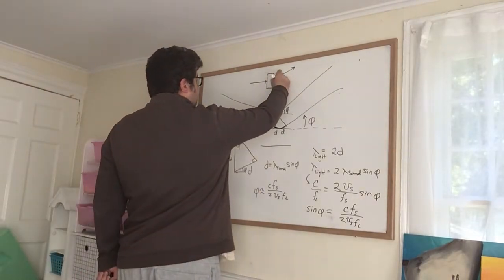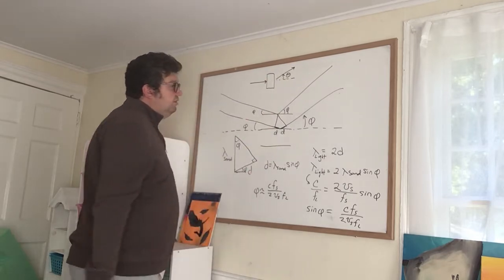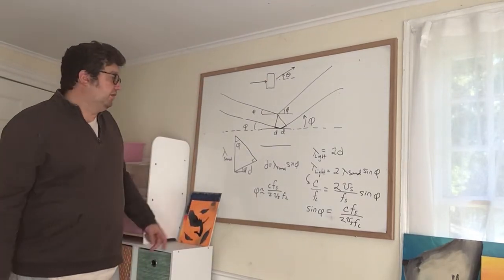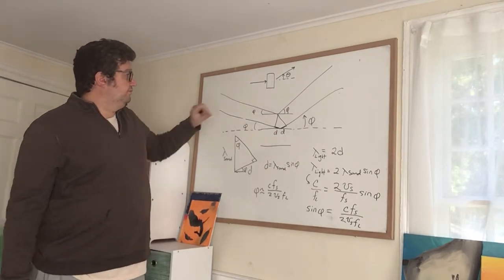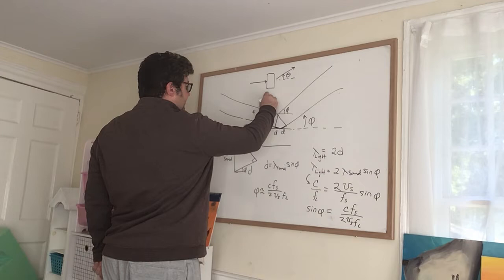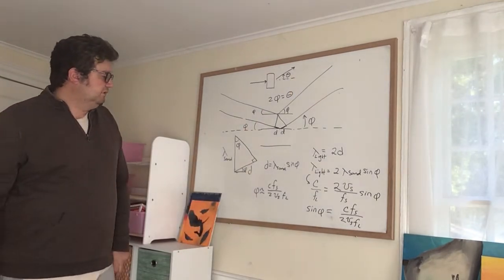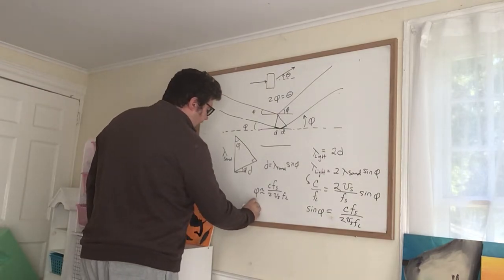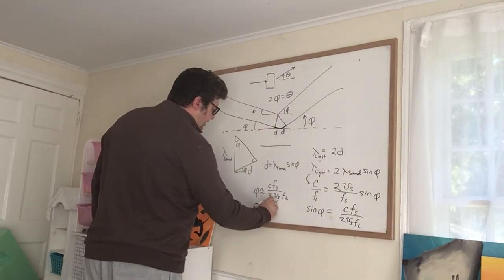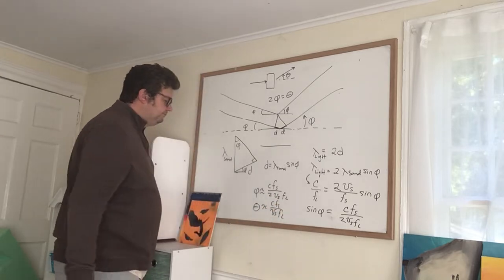So we usually want to find this angle, theta. And clearly looking at this picture, 2 phi is equal to theta, right? So if I know what phi is, then I know that theta is going to be c f_S over v_S f_L.